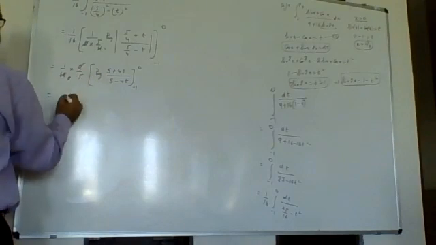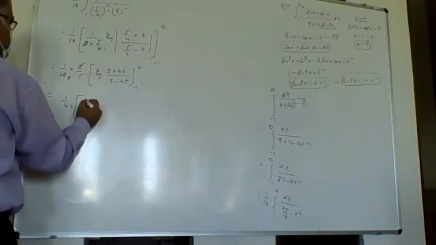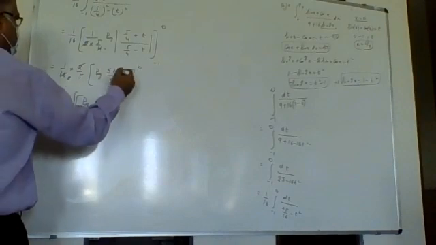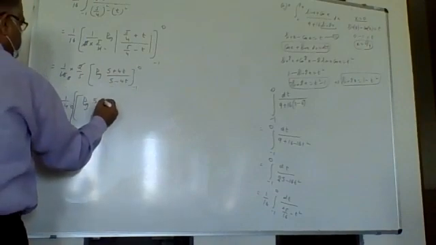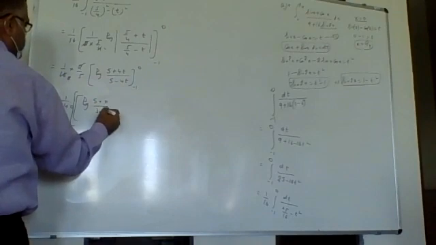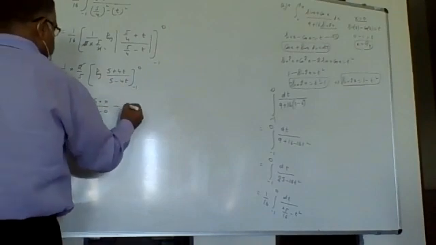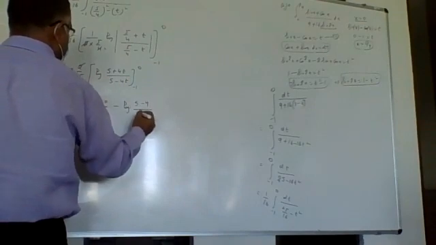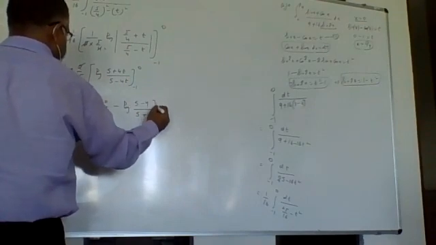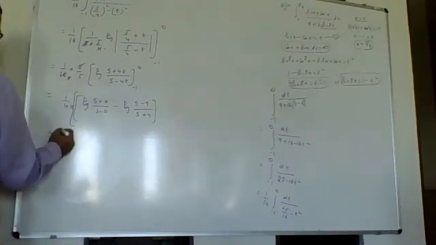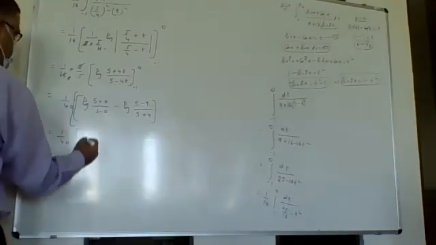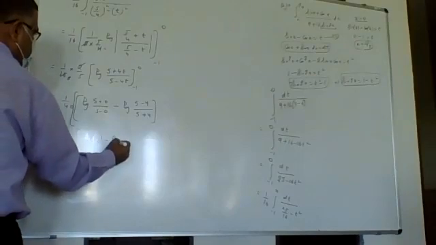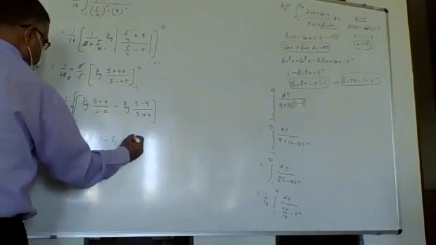So this is 1 by 40 log, it is (5 plus 0) upon (5 minus 0) minus log (5 minus 4) upon (5 plus 4). 1 by 40, this is log 1 minus log 1 upon 9.